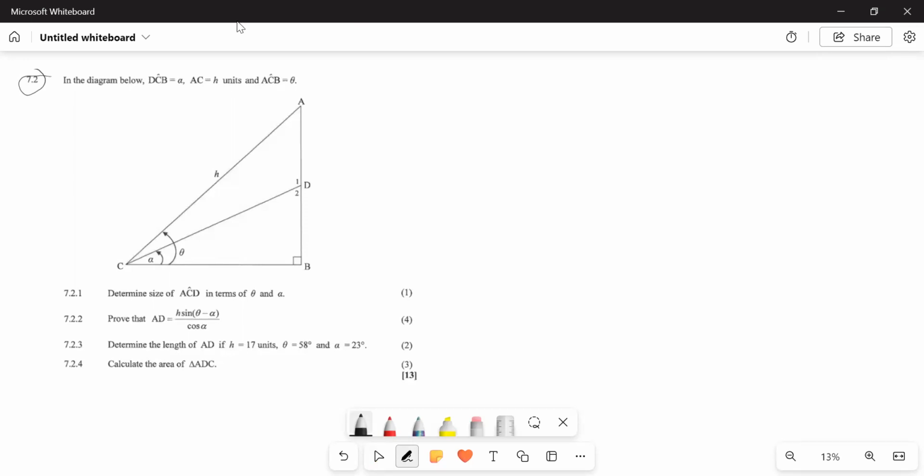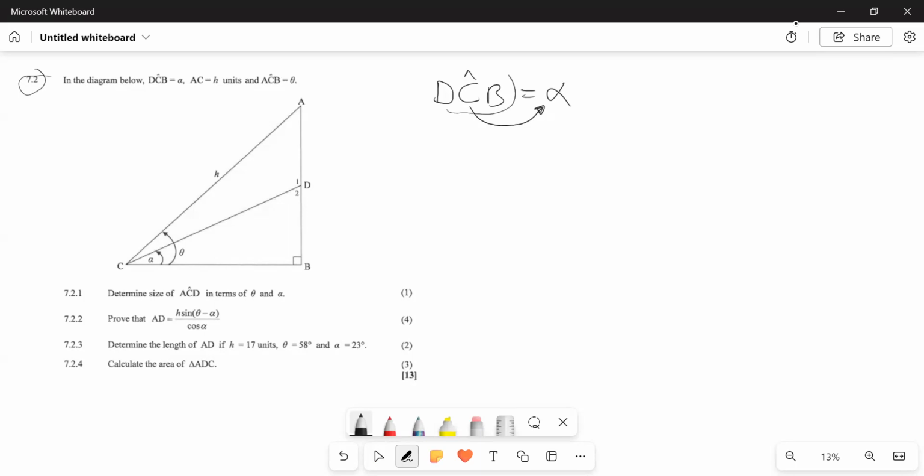DCB is equal to alpha, right? DCB is equal to alpha. So the alphabet with the cap becomes our actual angle, or the alphabet with the cap is equal to the actual angle given to us.